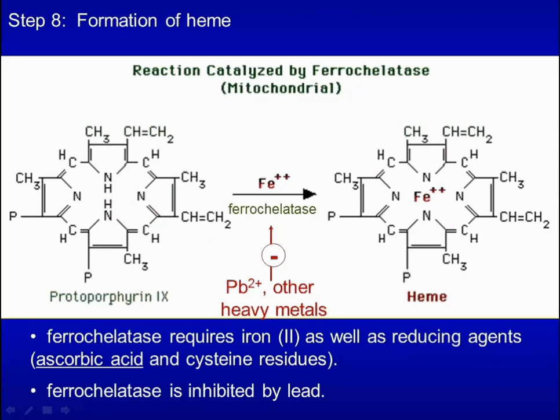This reaction is catalyzed by ferrochelatase. This enzyme requires ferrous iron as well as reducing agents, including ascorbic acid and cysteine residues. This enzyme is inhibited by heavy metals, especially lead.